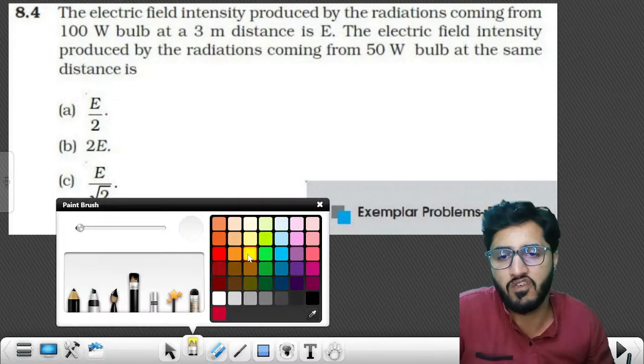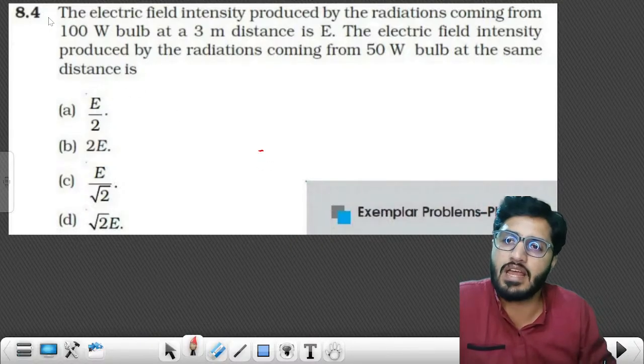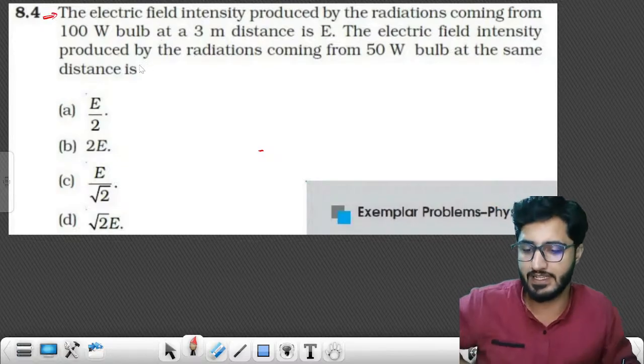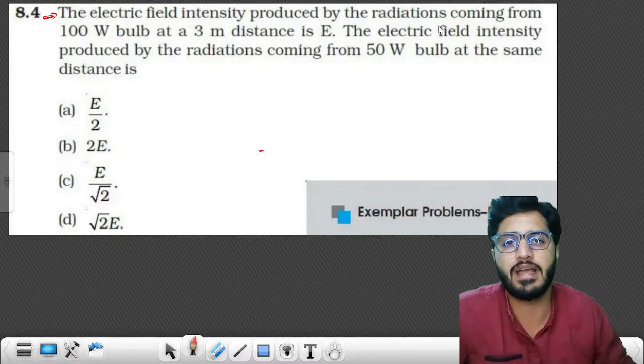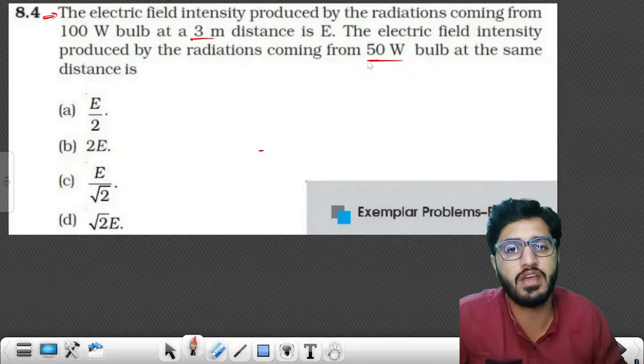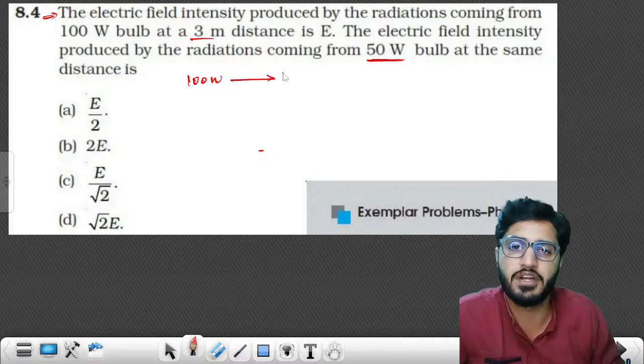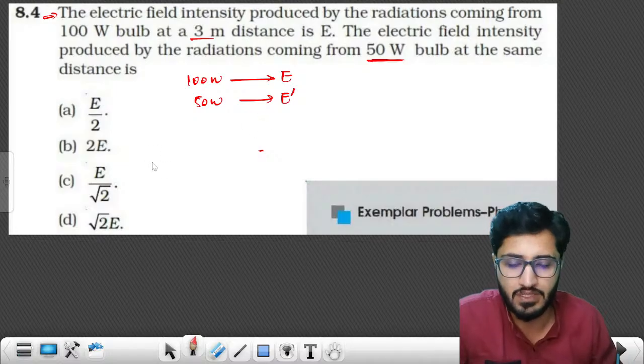Last numerical. We have the electric field intensity produced by radiation coming from a 100-watt bulb at 3 meters, which is E. Now we have a 50-watt bulb. How much will the electric field be? E dash. What is E?